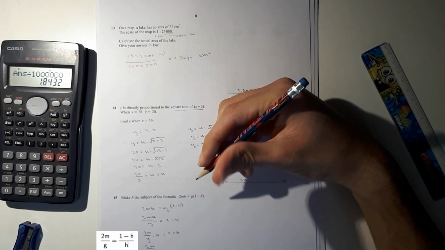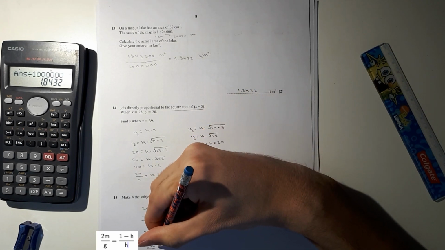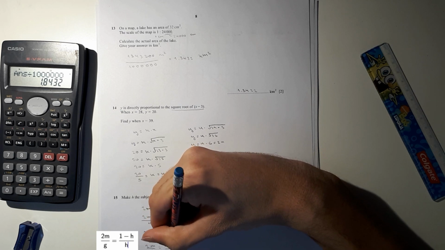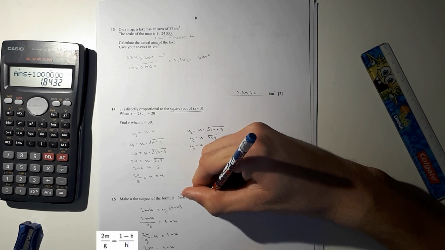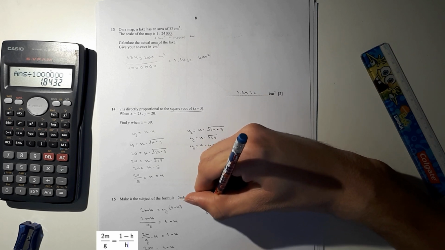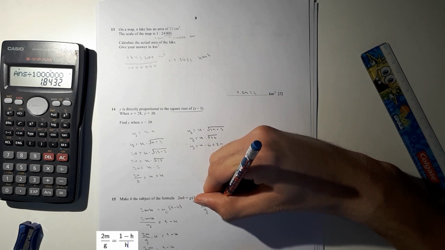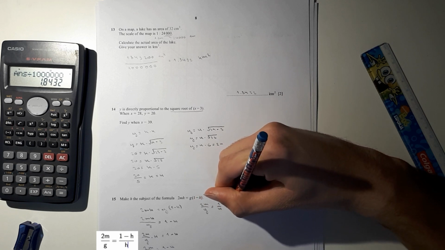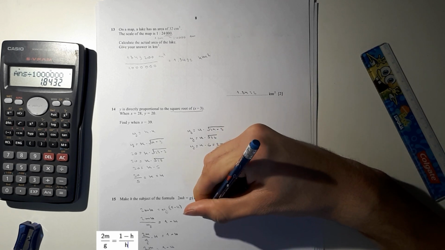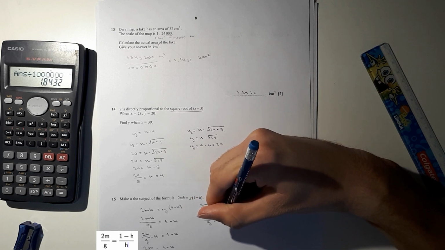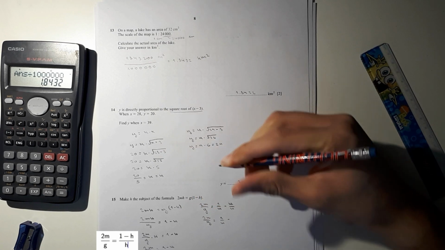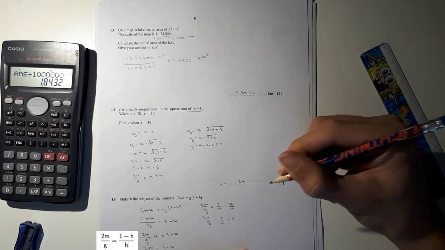And we are going to make 2m/g equals (1 minus h)/h. So we got 2m/g equals 1/h minus h/h, which is 1/h minus 1.